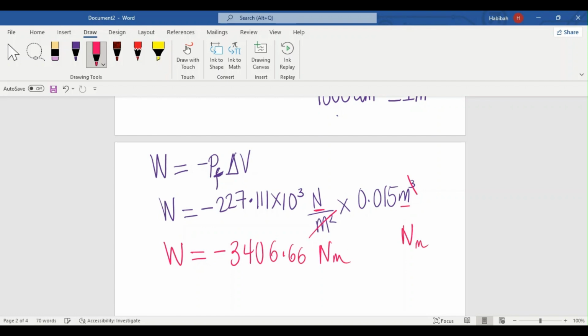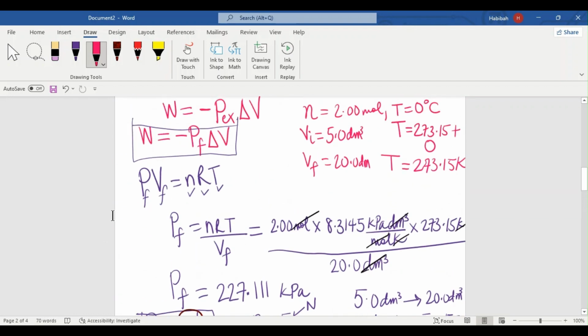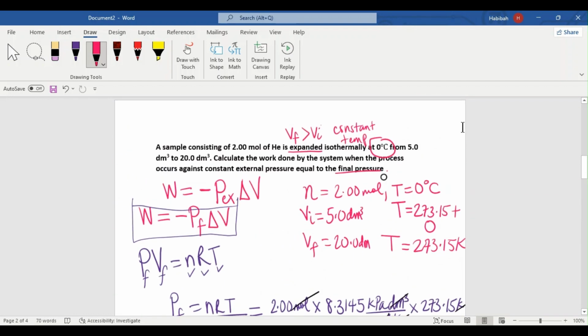Please note that Newton meter is the same thing as joules. Because the fundamental formula for work is just force times distance. So force units is Newton, distance units is meters. So Newton meter is the same thing as joules. So now we go back to the top of the question, right? We see that the smallest sig figs that we're given is 2 sig figs, which is here, 5.0 dm cubed.